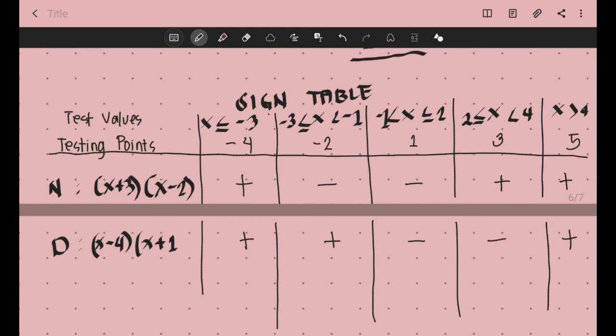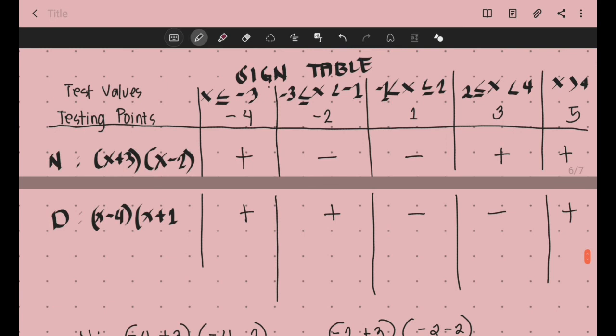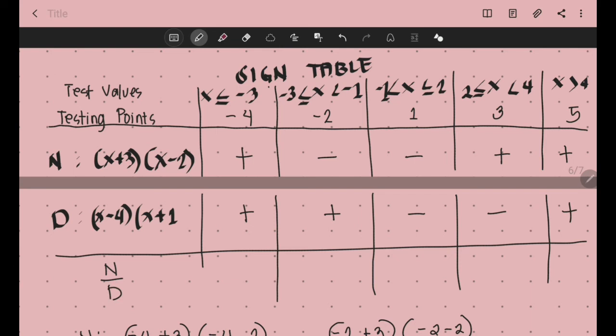Now, our next step after you fill out the sign table, so we have to divide your numerator to your denominator. So we have n all over d. So you have to divide the signs. Okay.